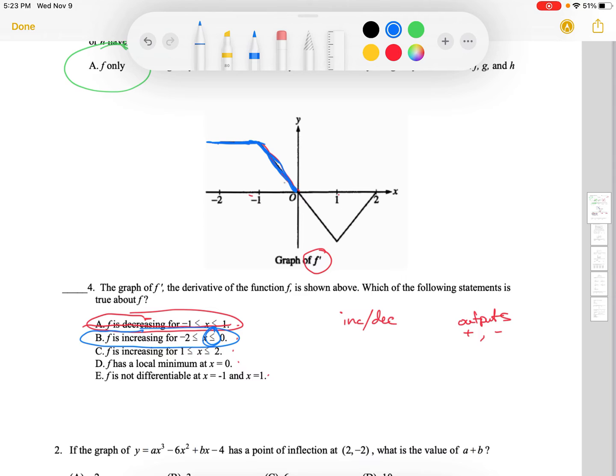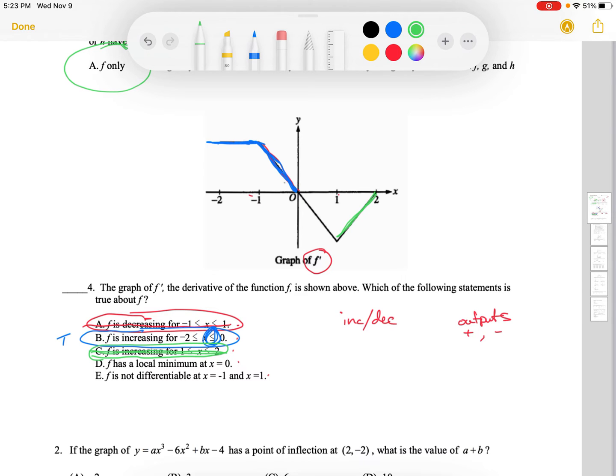This is kind of a goofy one. I'll come back to letter B. Right now, this is looking true with a possible question mark at the inequality. If I go to part C, you're going to see that it says that we are positive outputs from 1 to 2. Positive outputs from 1 to 2, that's a no-no. This is definitely not. Those are all negative.